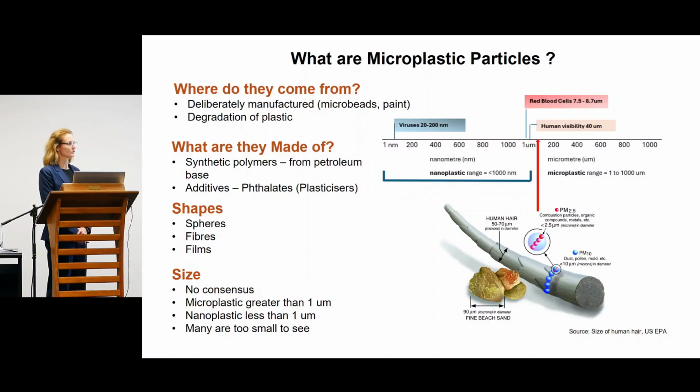And the plastic particles have been found in the environment in different shapes. They might be spherical, they might be films, they may be fibres. Although there is no consensus on the size range of microplastics, they can generally be defined as being greater than 1 micrometre up to 5,000 micrometres, or 5 millimetres.